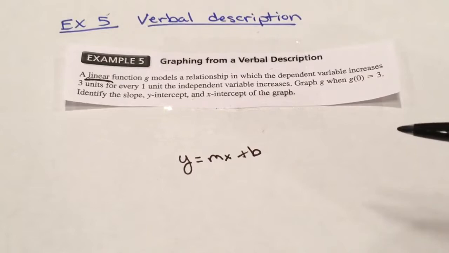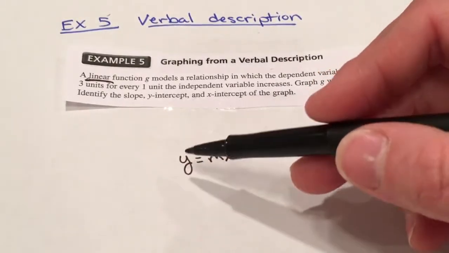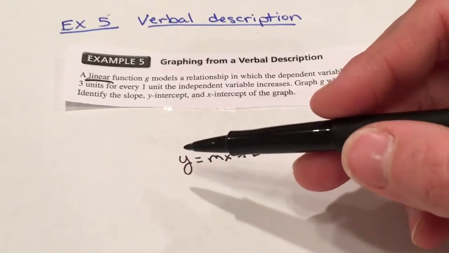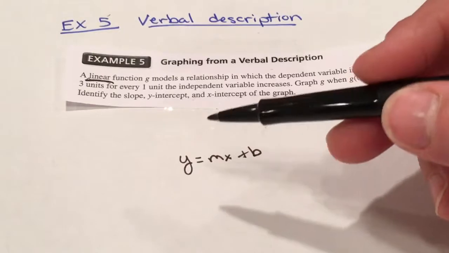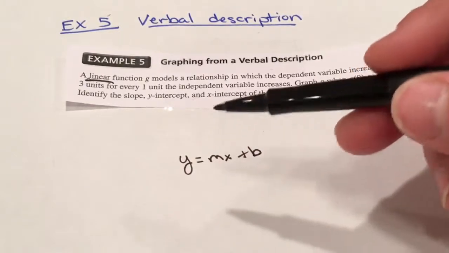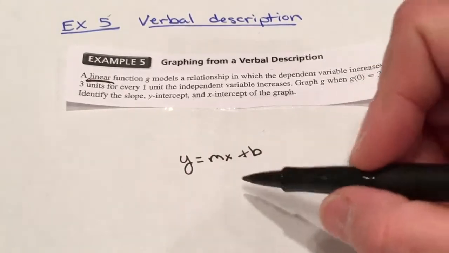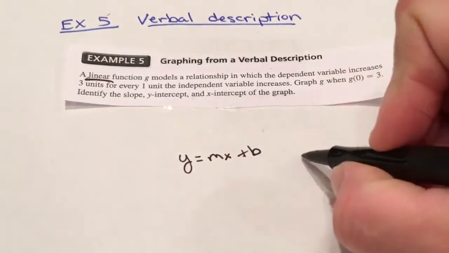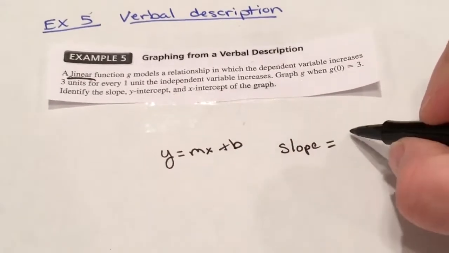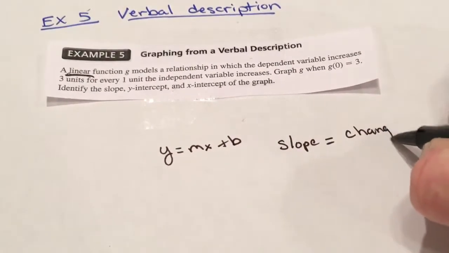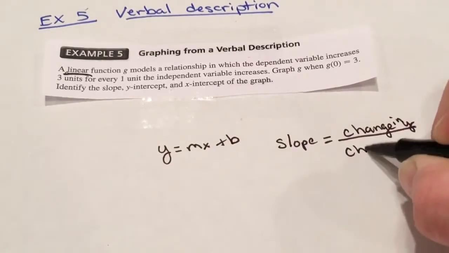When the dependent variable, remember dependent variable is y, is changing, the change in the y is plus 3. When the independent variable is increasing by 1, the change in the x is plus 1. In other words, the slope is going to equal the change in the y over the change in the x.